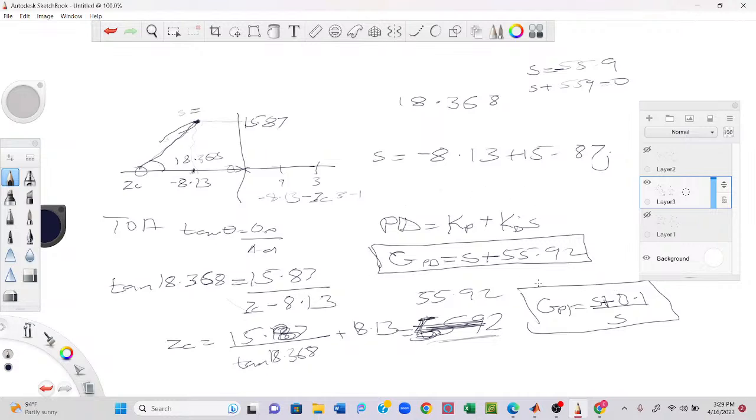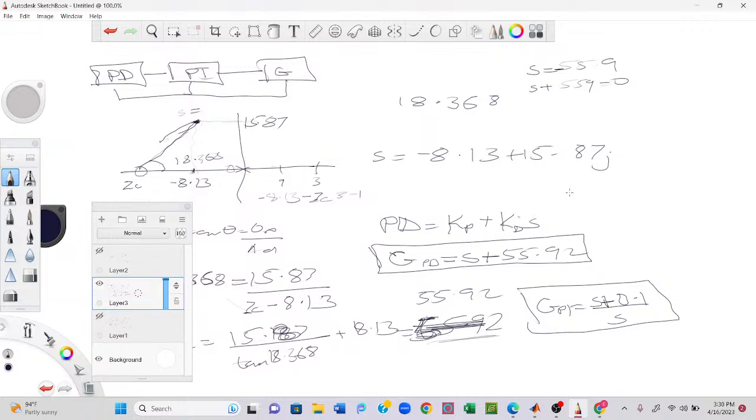So what you have to do now is you have your PD cascaded to your PI, then your original system. By cascading all the three, that'll give you your compensated system.